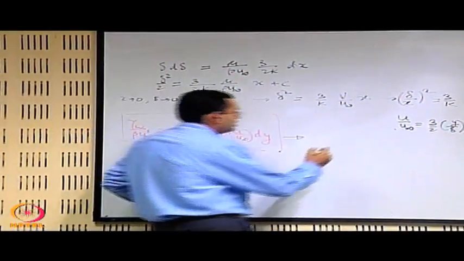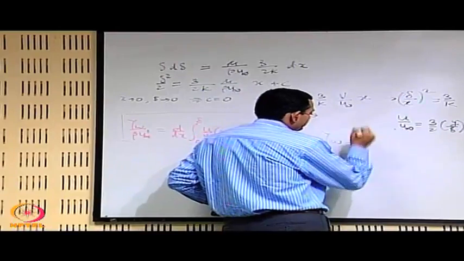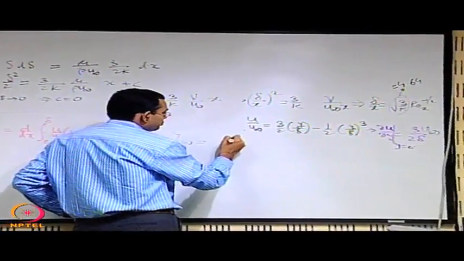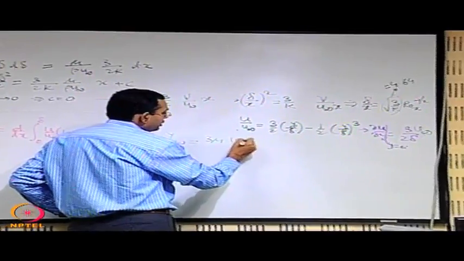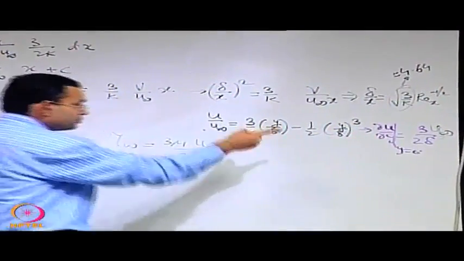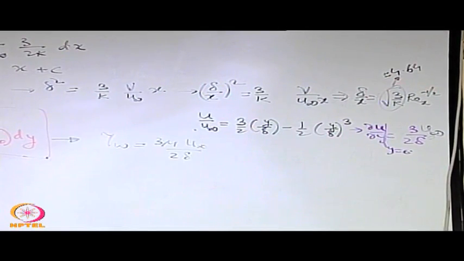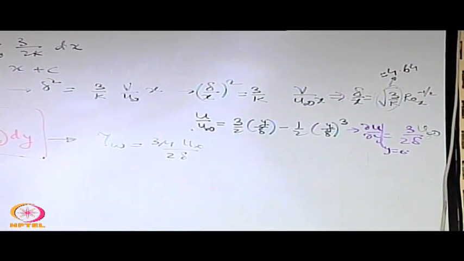So if you write the wall shear stress, tau wall, that is 3 mu u infinity by 2 delta, and delta you may substitute as a function of x.